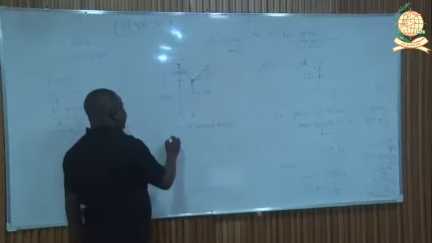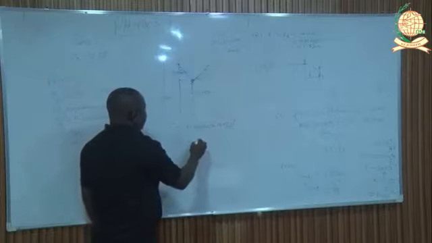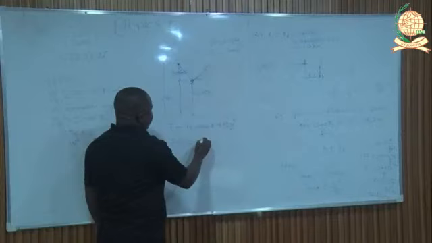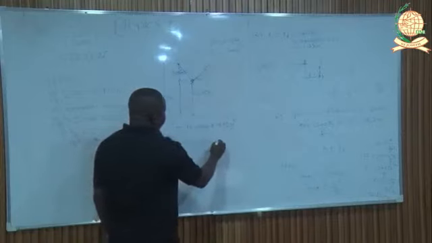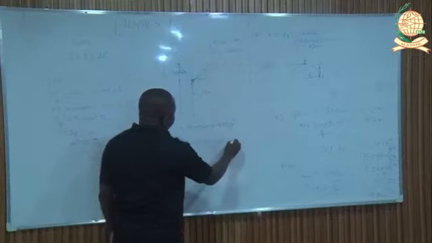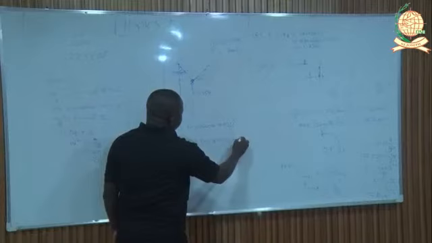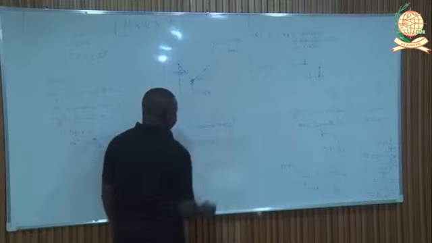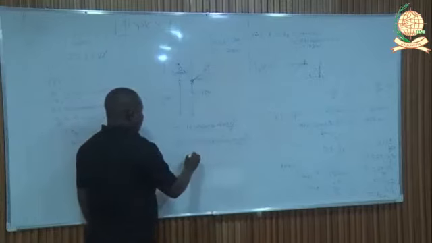In this case, tension is 700, m is 0.5, g is 9.8, cos of 60, plus 0.5 times v square over the radius, which is 10. Then you can solve for v.